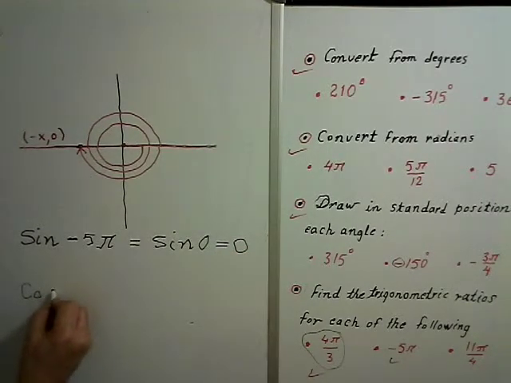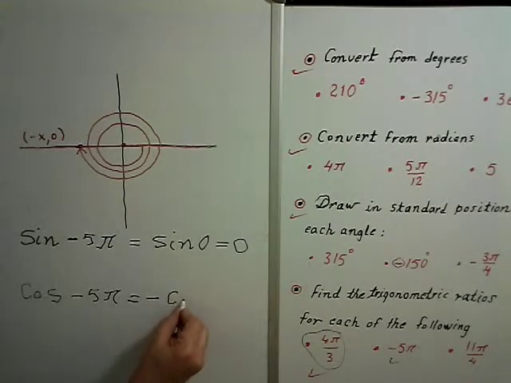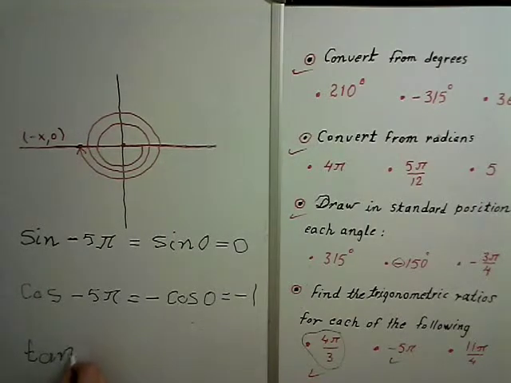Cosine of negative 5 pi is negative cosine 0, which means negative 1. And tan of negative 5 pi is equal to, here we said, tan 0, which is 0.